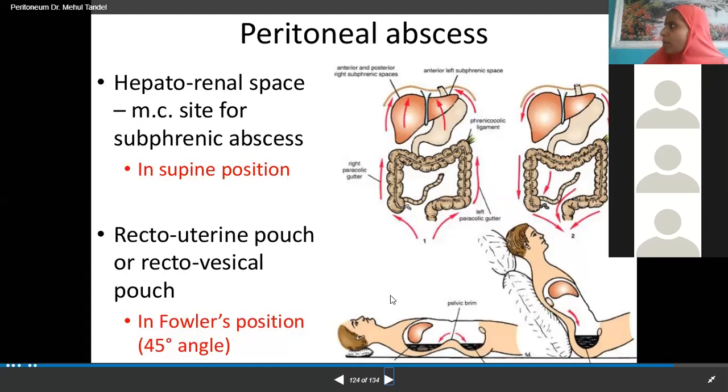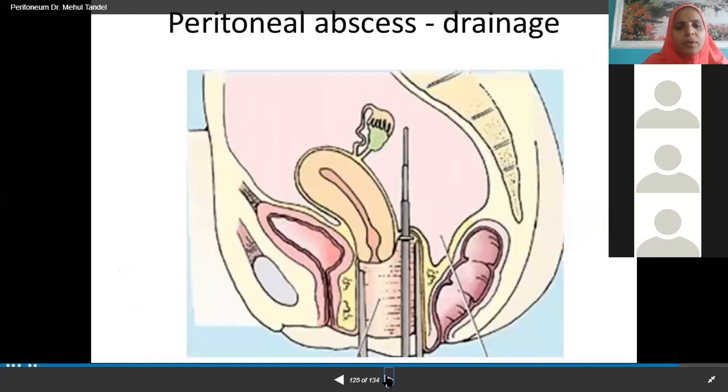The rectouterine pouch also, I told you in my previous class, the Douglas pouch, is also the most dependent part, like the rectovesical pouch. In order to drain, this posture of the body will be better, because the person will be allowed to sit, at a 45 degree angle. So for peritoneal abscesses, we should insert a needle into the, what is the name of this pouch?